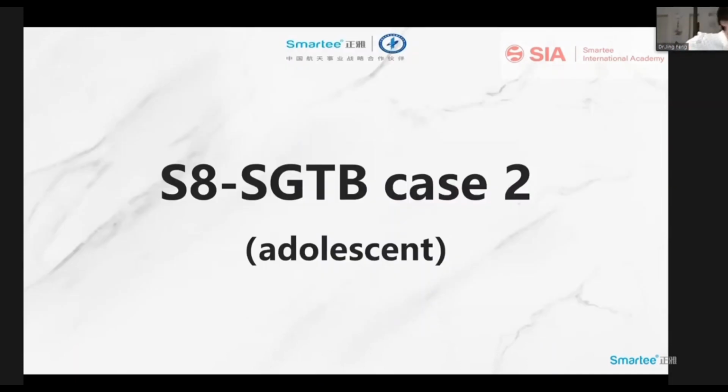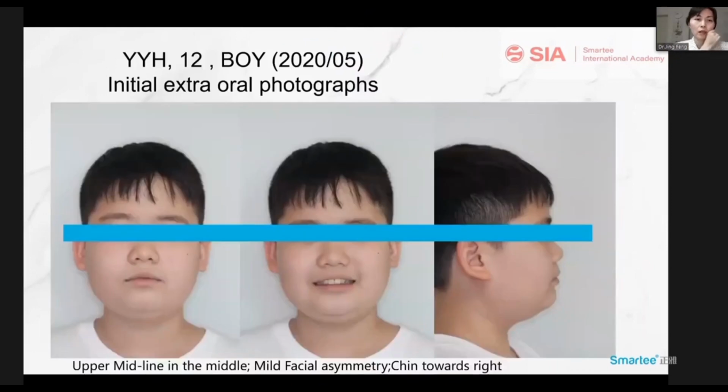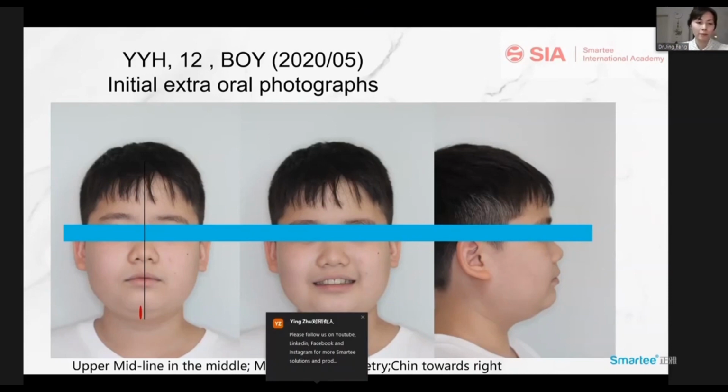Okay, let's move to the second case. It's an adolescent case. This is a young boy, 12 years old. The initial extraoral photos show a little bit of deviation of the lower jaw to the right side.